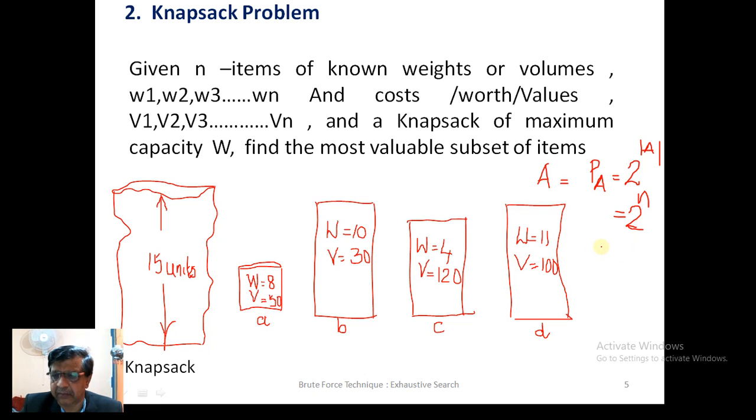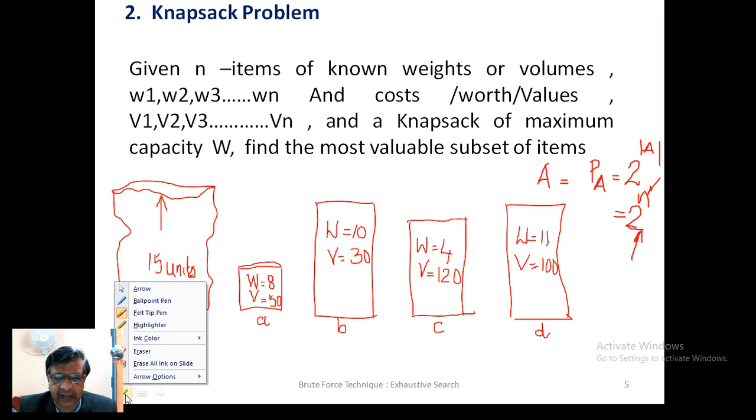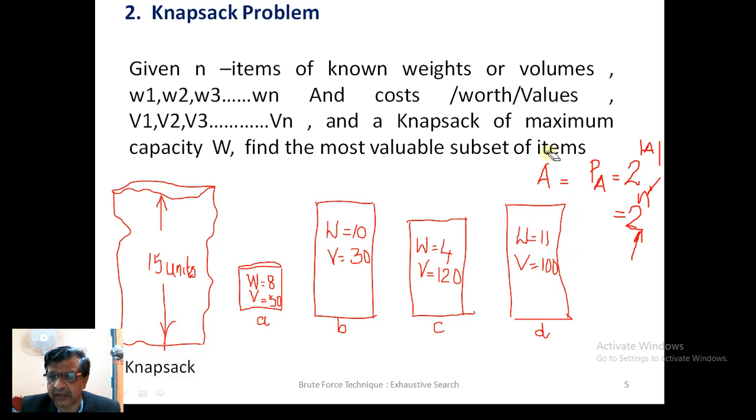Therefore, this problem is of exponential complexity, because the base is constant and the exponent is a variable. Therefore, it is of high complexity, but when compared to the TSP problem, this is of less complexity, because after exponential complexity comes what is called the factorial complexity. Anyway, this is about the complexity of the problem.